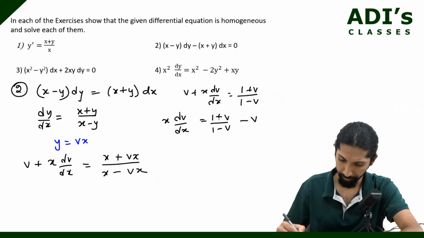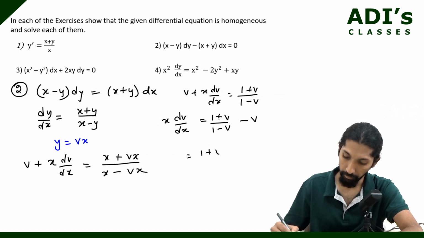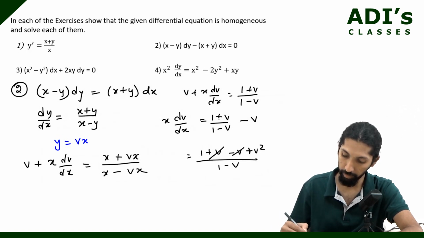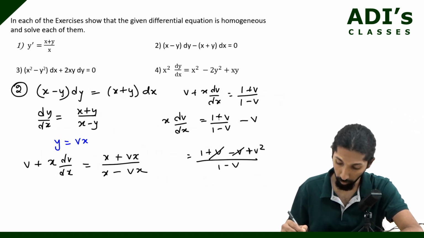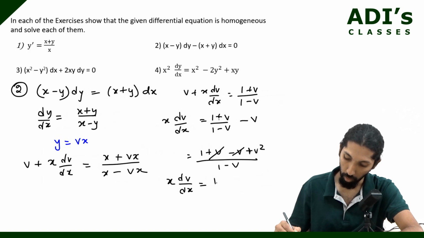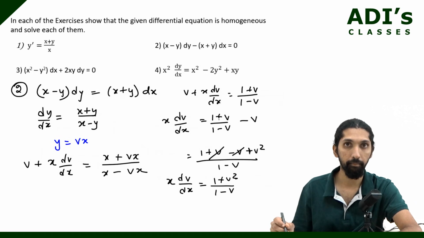Take LCM: 1 plus v minus v plus v square. The v and v cancel, correct? So what do you have? x into dv by dx is equal to 1 plus v square by 1 minus v, correct?